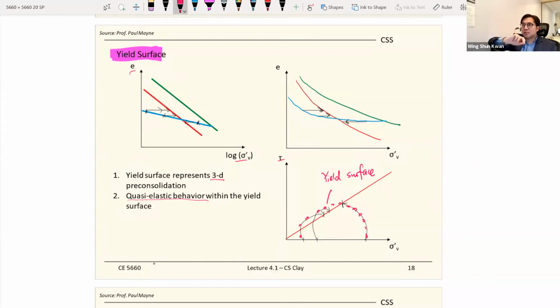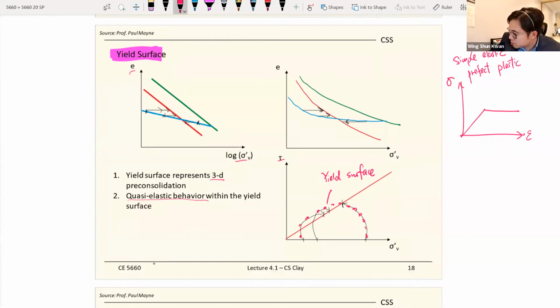Simple elastic, perfectly plastic will be a material like this. So this is a simple elastic and perfectly plastic material, when we talk about the stress and strain relationship.